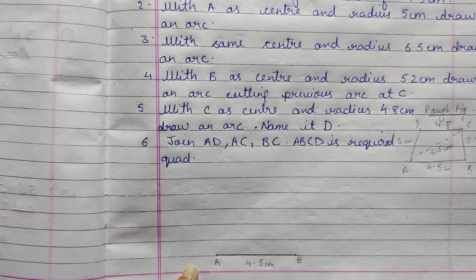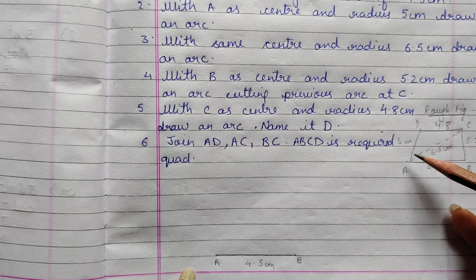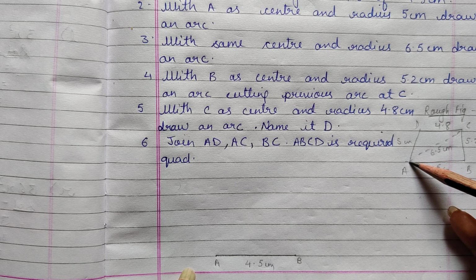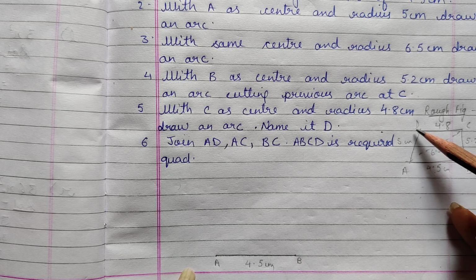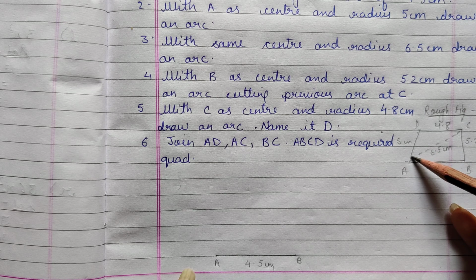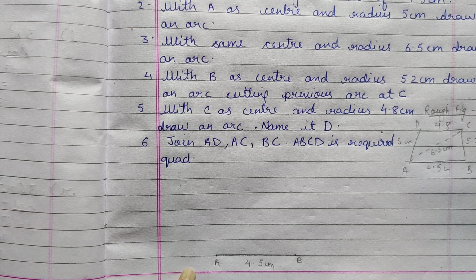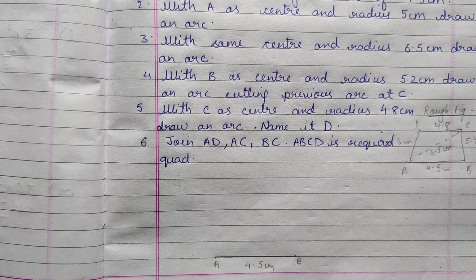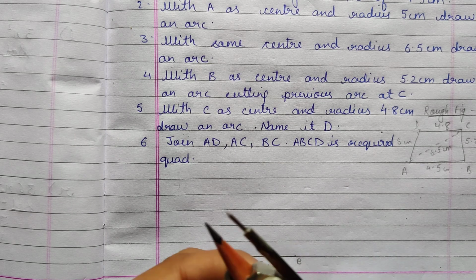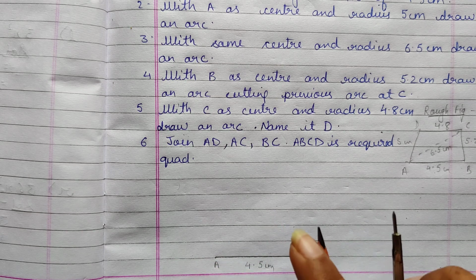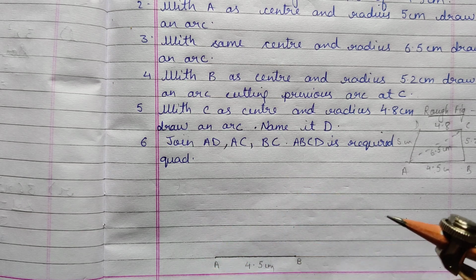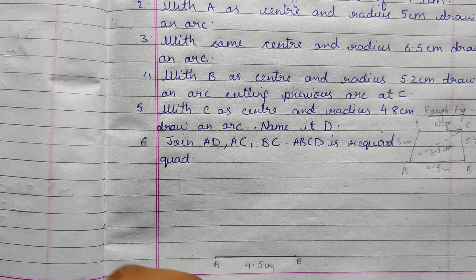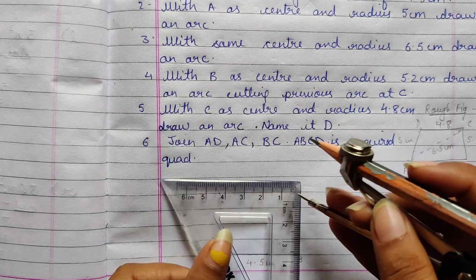Now as you can see in the rough figure, two lines are going from point A. One is going from A to D, while the other is going from A to C. First we will see the distance between A and D. The distance between A and D is 5 centimeter. So to draw line AD, we will take a compass. Again remember, use a pointed pencil in the compass also. You will take the compass and your scale and take a radius of 5 centimeter on the compass.